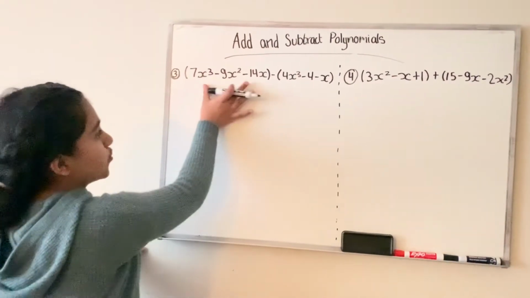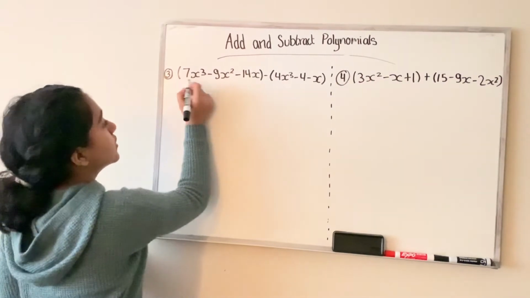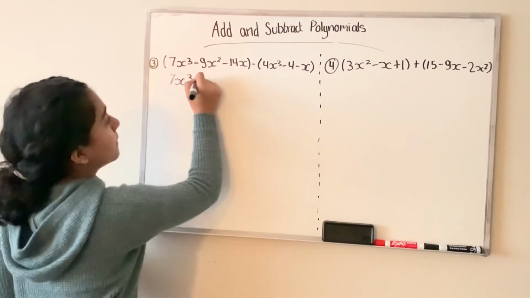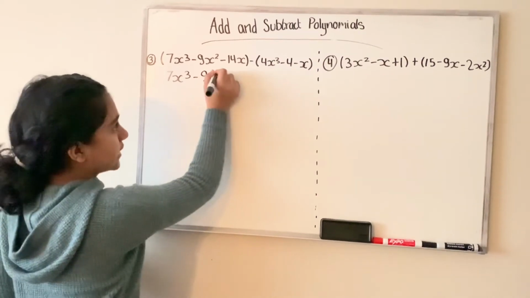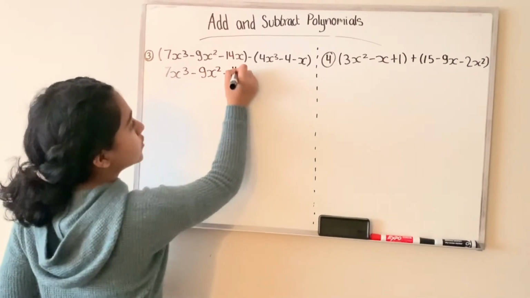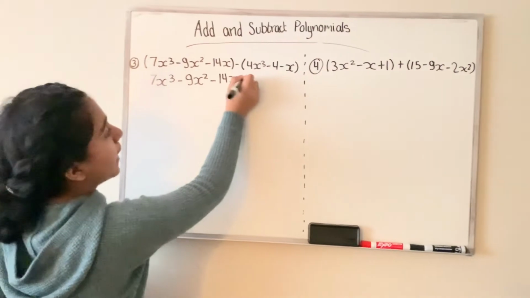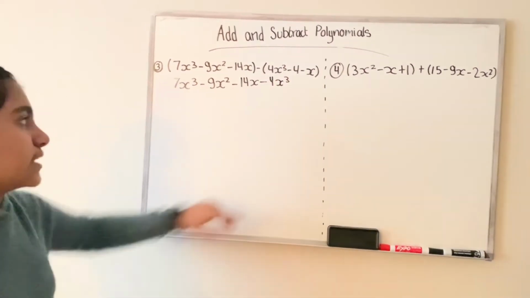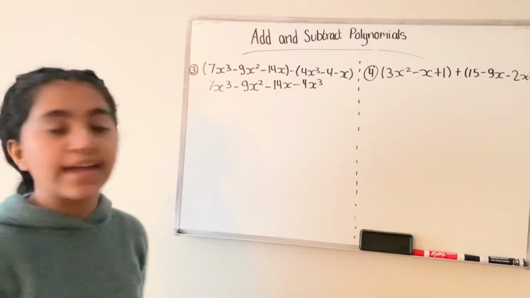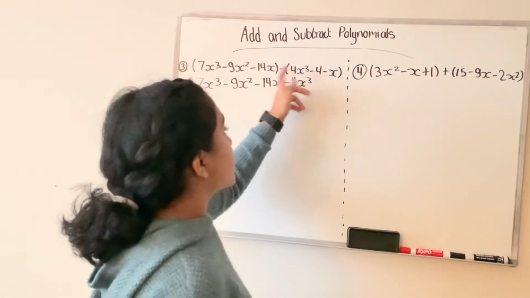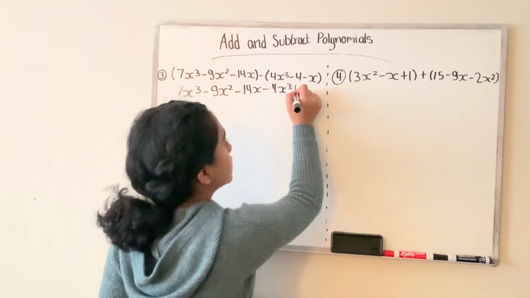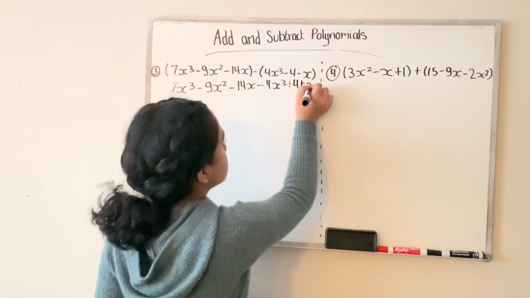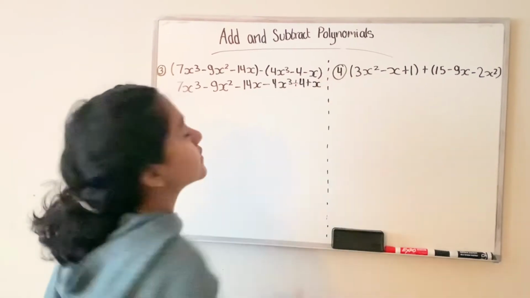So you would just rewrite this: 7x to the third power minus 9x to the second power minus 14x minus 4x to the third power, since negative times a positive is a negative. And then negative times a negative would be a positive, so plus 4 and then plus x, because negative times a negative is a positive.